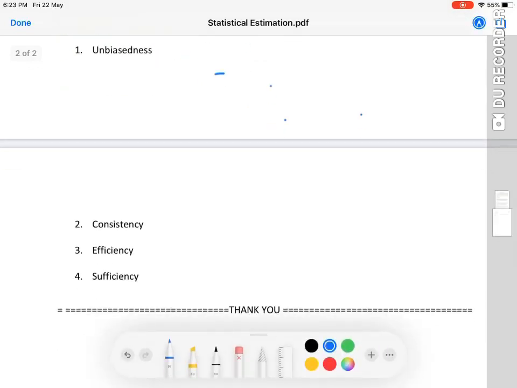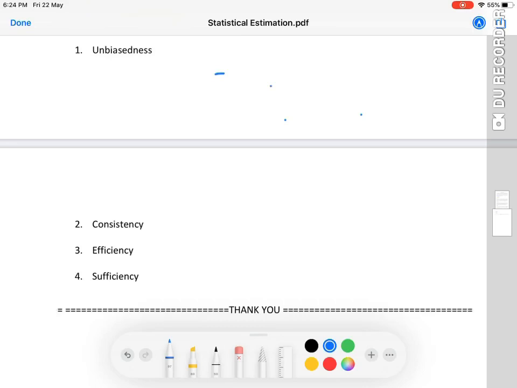efficiency. Efficiency here refers to the variability of an estimator. For example, if we have two estimators and we have calculated the variability with these two estimators, whichever has the lesser variability is said to be more efficient.